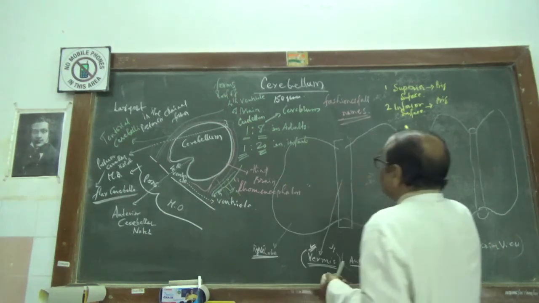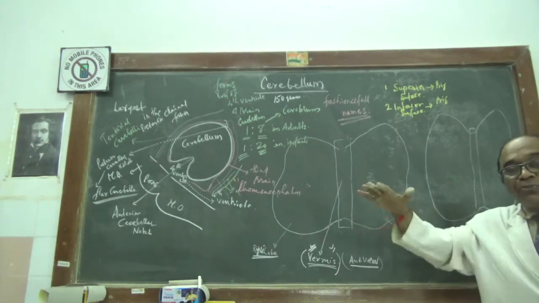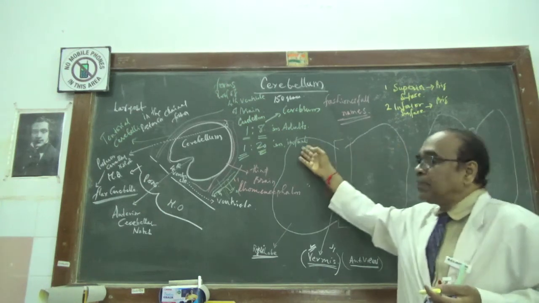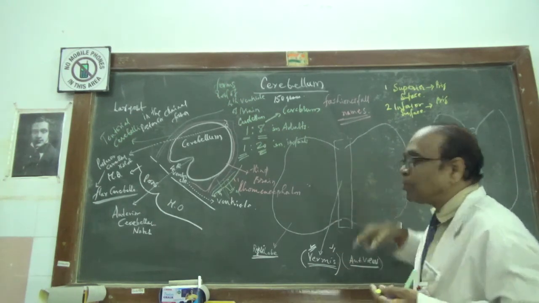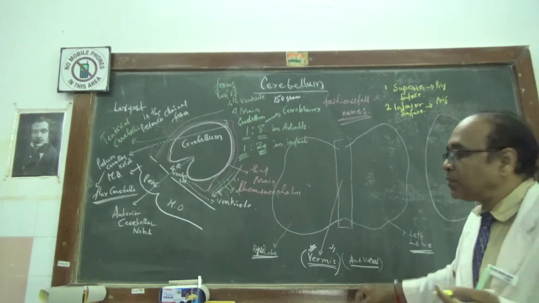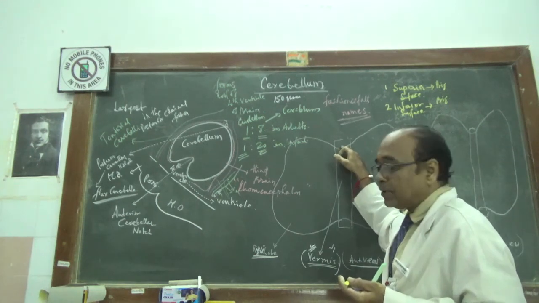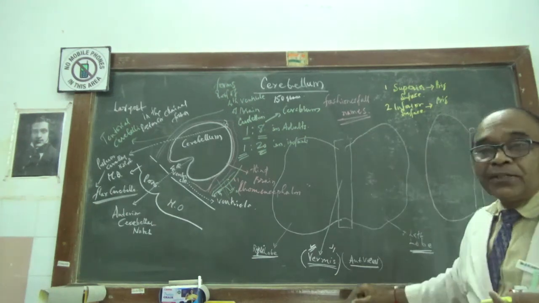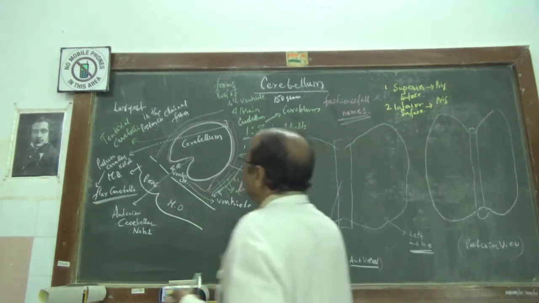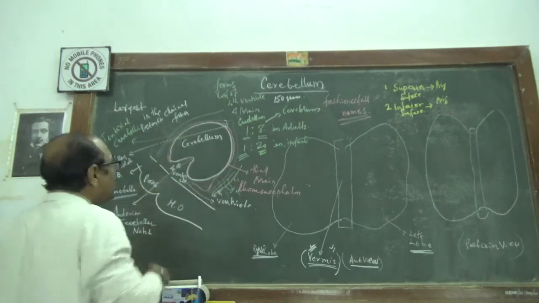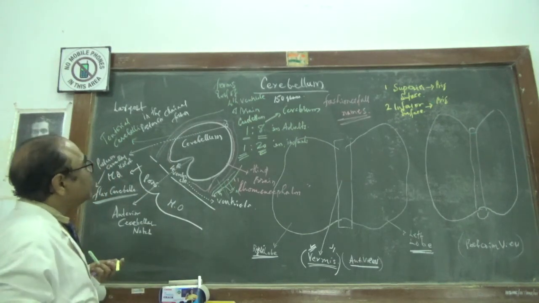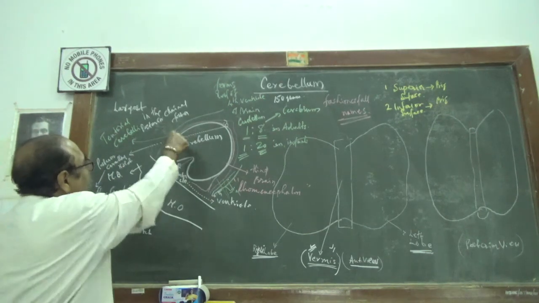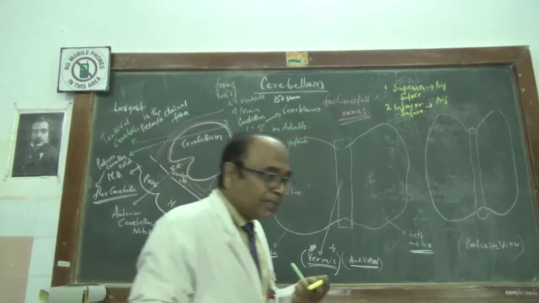Then the superior surface is almost all on the right and left lobes, as well as on the median constricted part, called the vermis. Now the superior surface is related to the tentorium cerebelli, part of the arachnoid mater, and then to the pia mater.